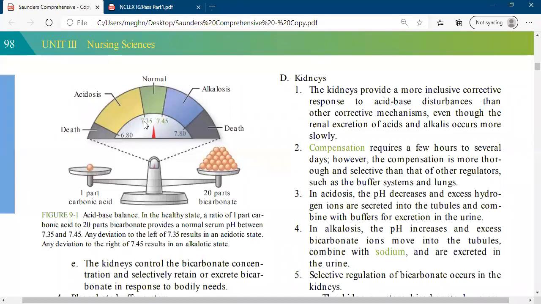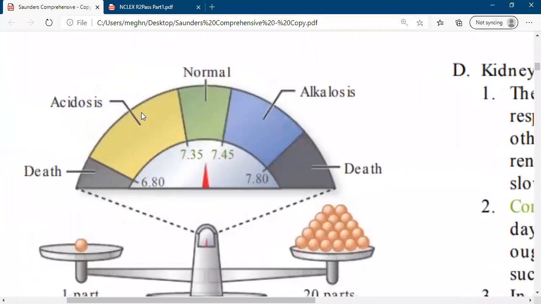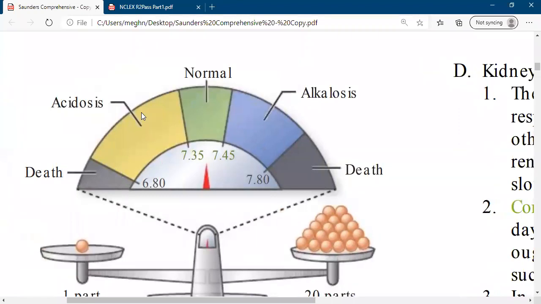If you have a look at the picture, this is showing the pH. The normal pH is 7.35 to 7.45. If the pH is less than 7.35, this is acidic. If the pH is more than 7.45, this is basic or alkaline. You see the picture showing the blue and green color.